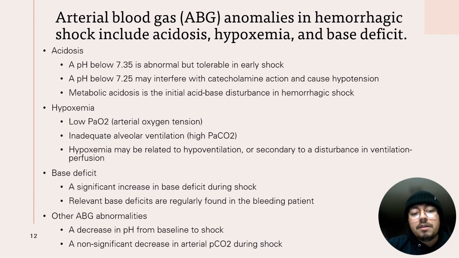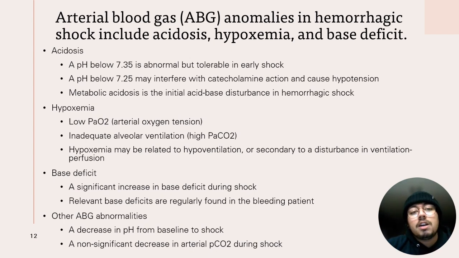Hypoxemia, or low PaO2: you'll have inadequate alveolar ventilation due to that low perfusion, ventilation-perfusion mismatch. The hypoxemia may relate to hypoventilation or be secondary to a disturbance in ventilation to perfusion. Base deficit can occur as well, so you have a significant decrease in base during shock.